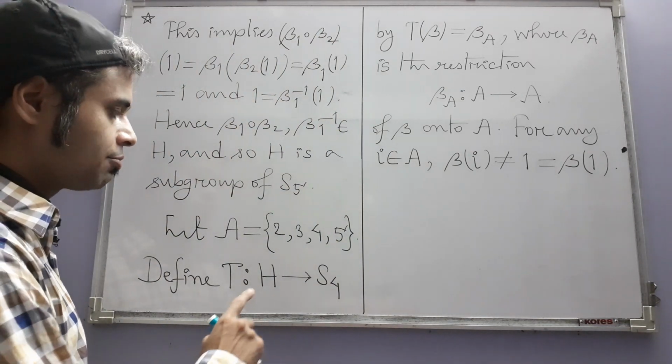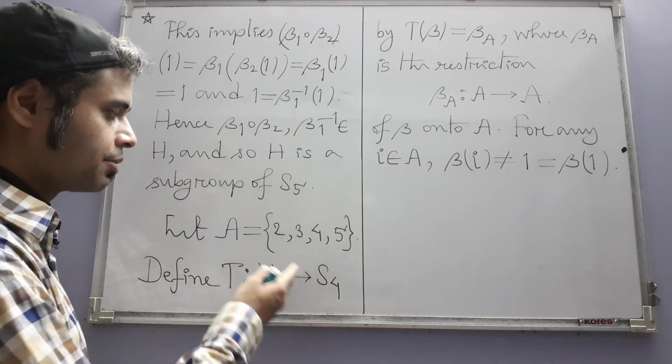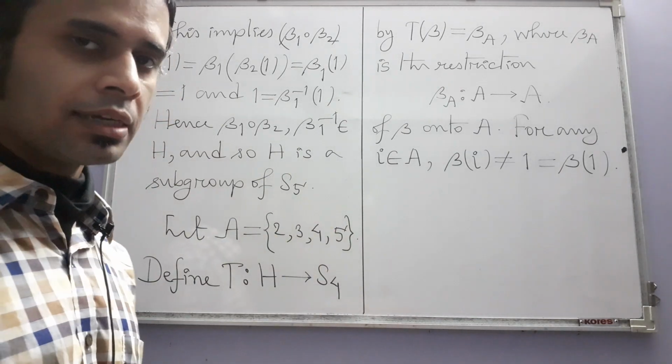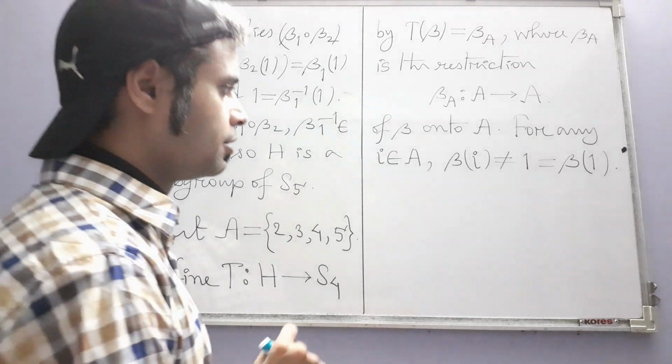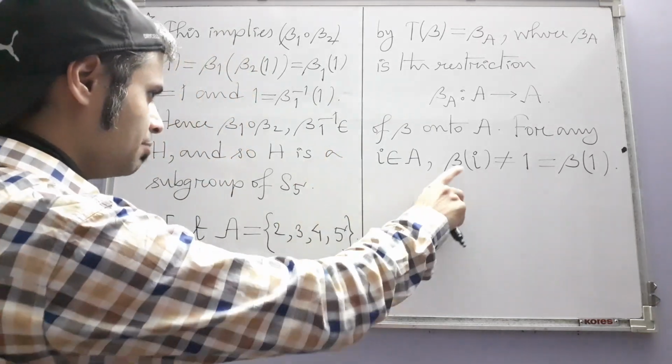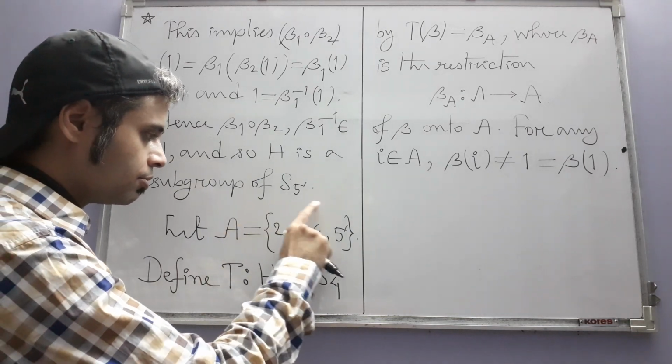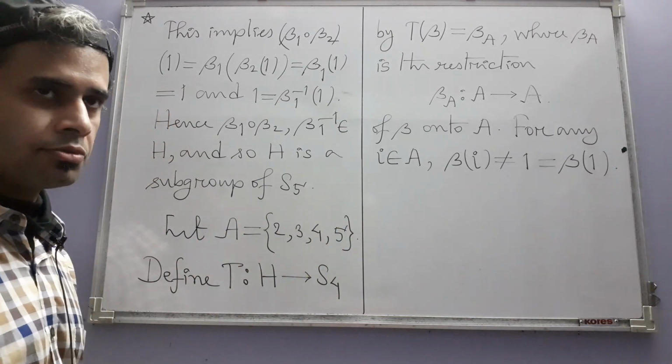However, beta of i must in fact be in that set consisting of the first 5 natural numbers. So that's why beta of i is forced to be in A itself.